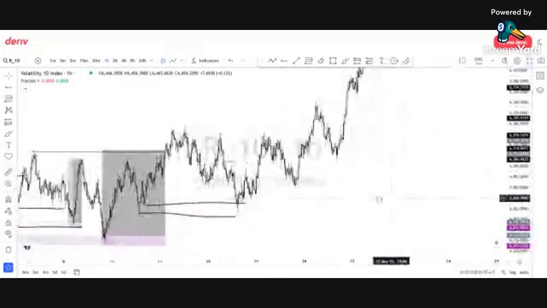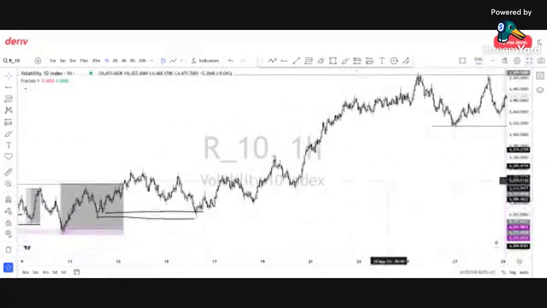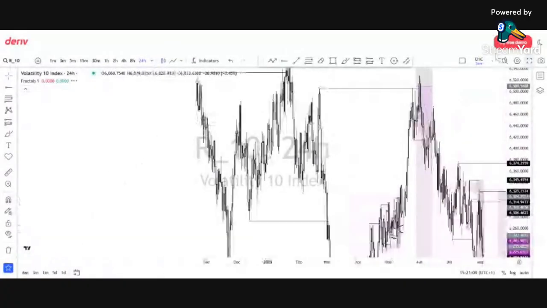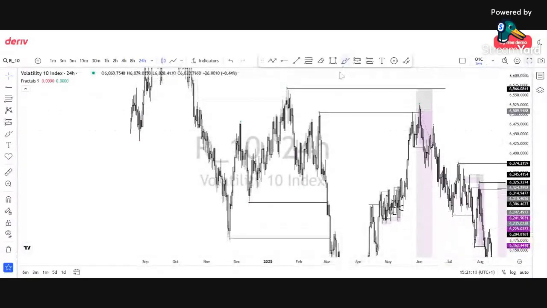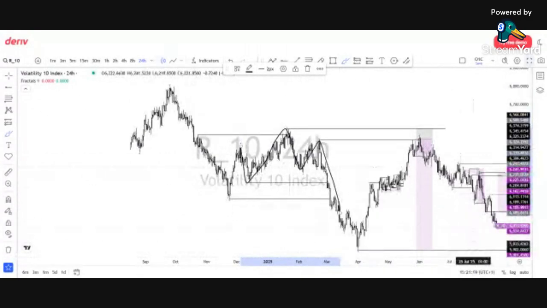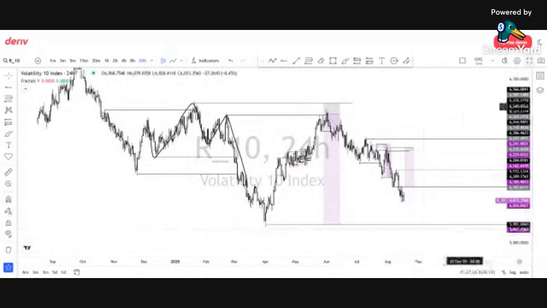Do you understand? Price printed it until it got to the high that I wanted to sell from. Even in this sell, that is the same pattern I showed you before. This is type 2. Price will take it out, and that was what price did. This is where we are targeting, and price is almost there.